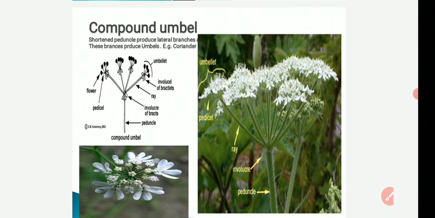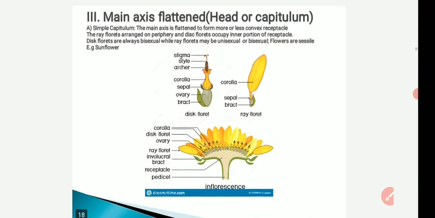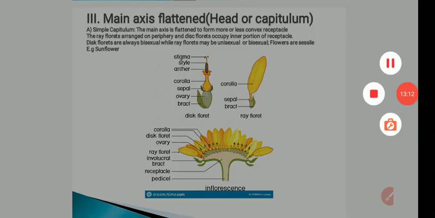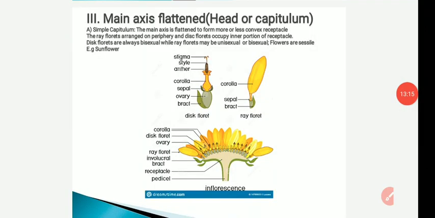Next, the third type of racemose inflorescence, main axis flattened, or we can call it a head or capitulum type of inflorescence. Now, in this there are also two types, that is simple and compound capitulum.